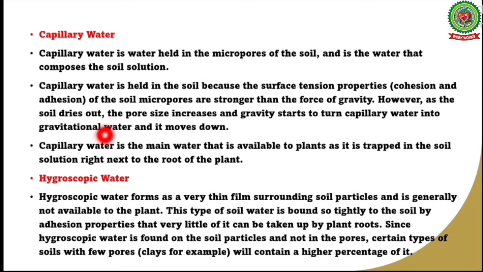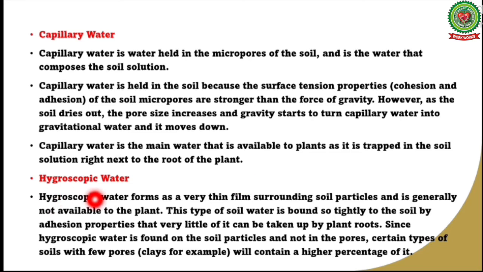However, as the soil dries out, the pore size increases and gravity starts to turn capillary water into gravitational water, and it moves down. Capillary water is the main water that is available to plants as it is trapped in the soil solution right next to the roots of the plant.